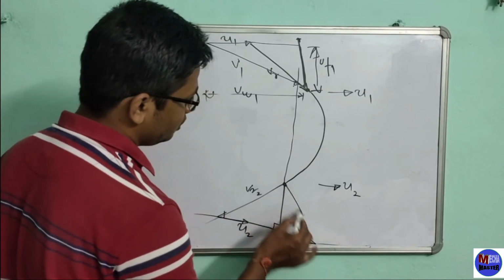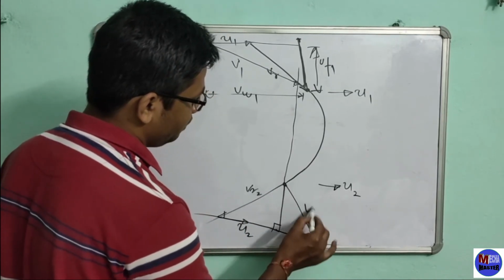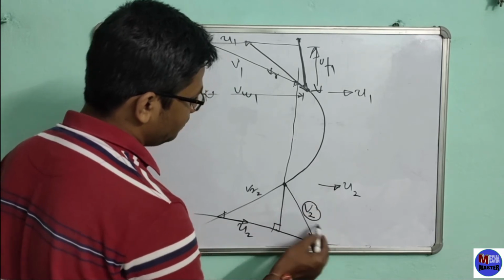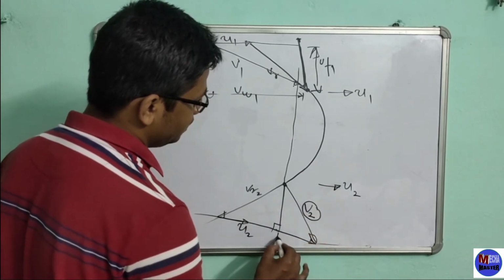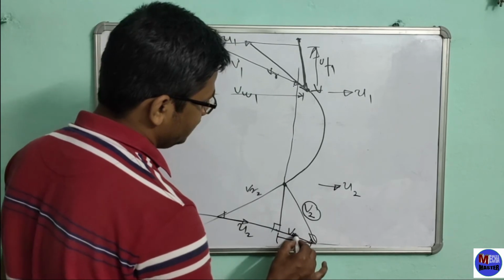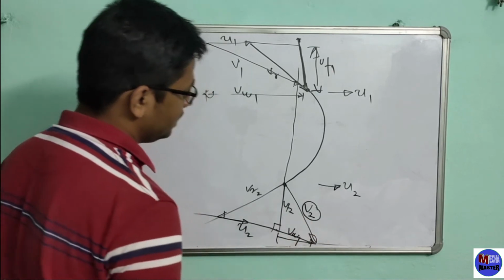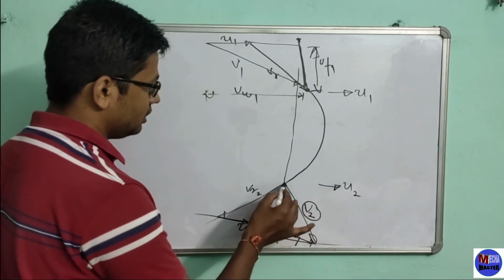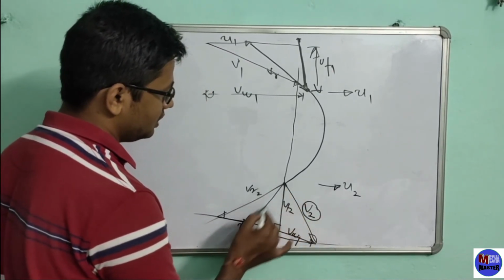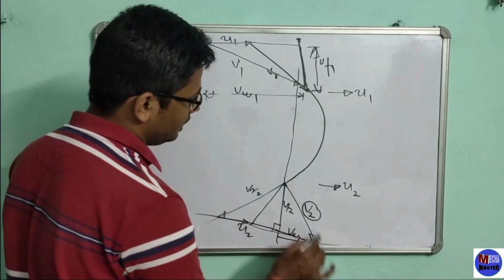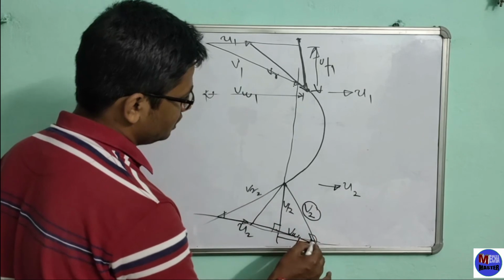So after that you can get vf2, the main velocity, and after splitting this you can easily find the whirl velocity and velocity of flow. Okay, it doesn't matter if the velocity is always on this side. If this velocity u1 is very large, this can go up to this one.